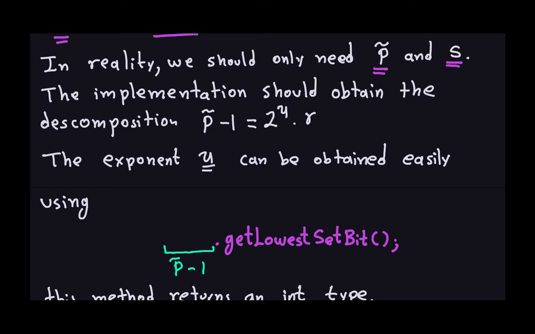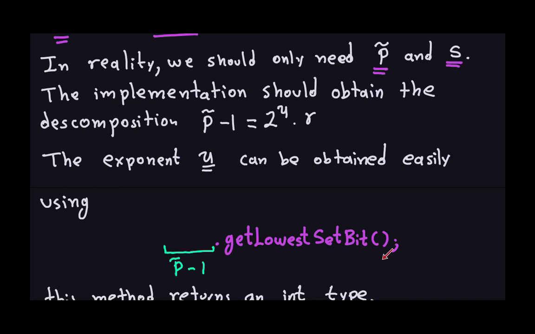So the exponent U can be obtained easily using this. You put the number p hat minus 1 here, and you say getLowestSetBit, parenthesis, semicolon. This line of code, of course, has to do with the lowest bit.